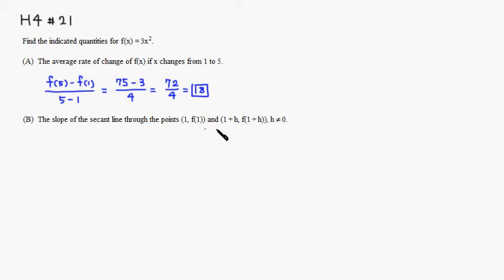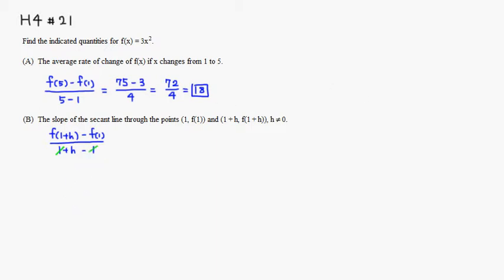The slope of the secant line is just the slope formula, so it's going to be f of 1 plus h minus f of 1, divided by 1 plus h minus 1. So first we can cancel the 1 here, so 1 minus 1 cancels out.